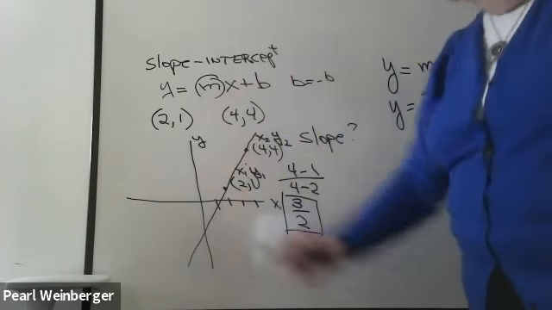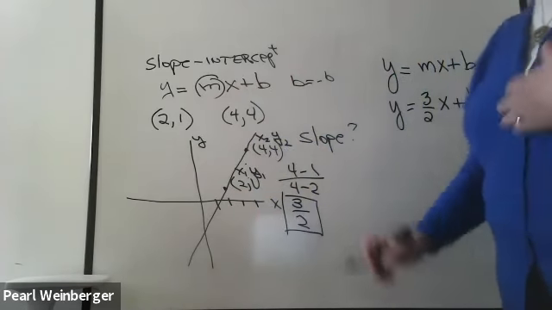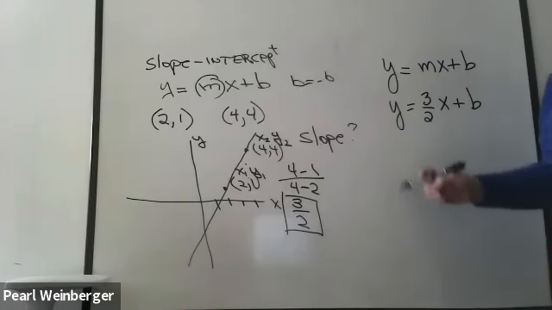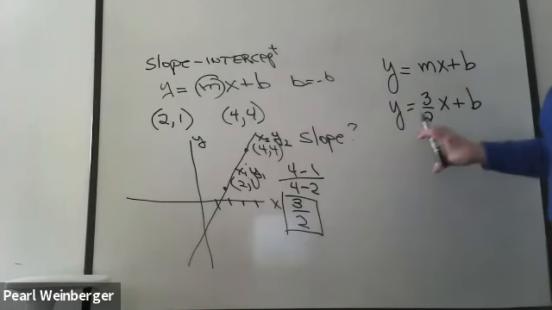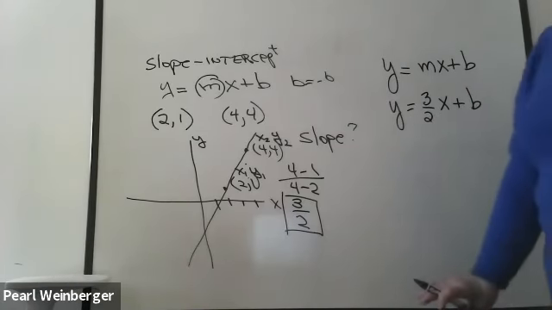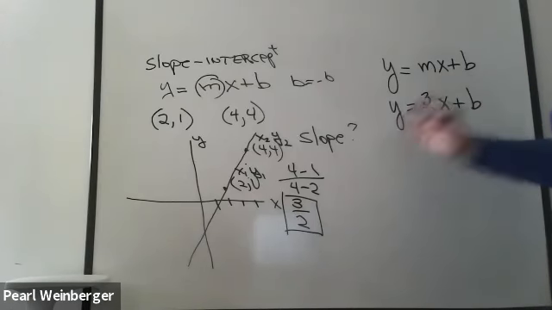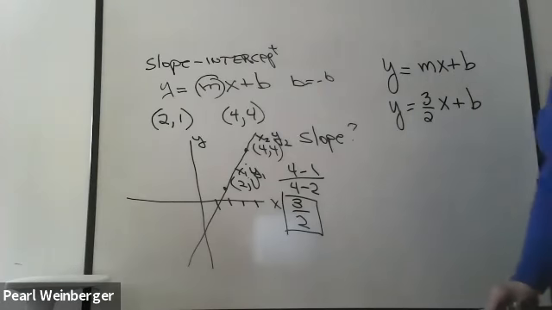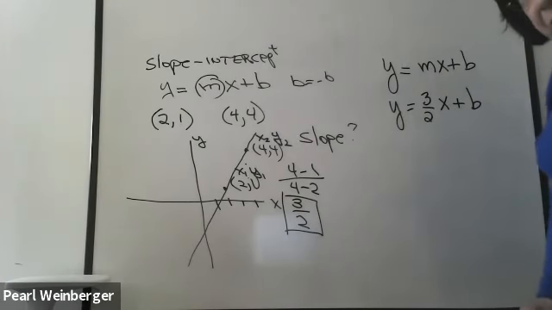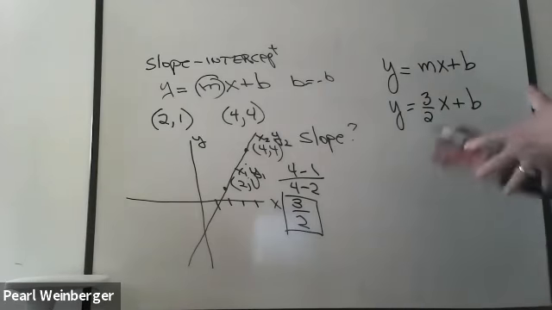They're not on the y-axis. The question is, how do we figure out the y-intercept if we don't have it? That's a whole other game. And actually, Erica, this was your question, how that was on Delta Math. Now we're going to explain how to do that.